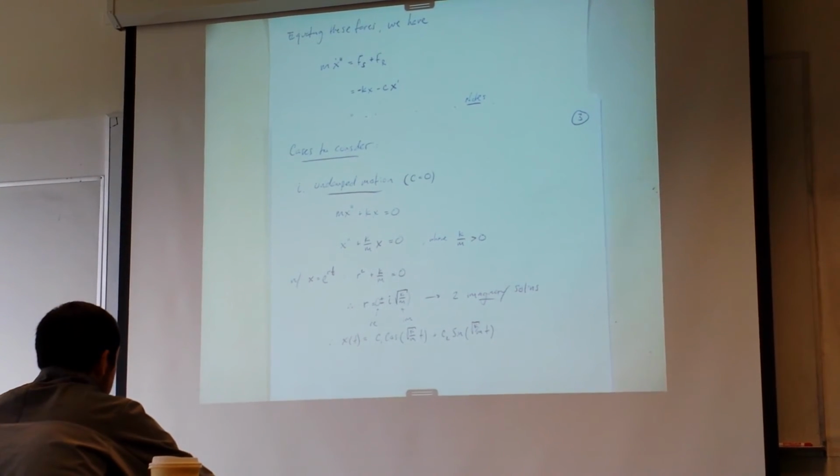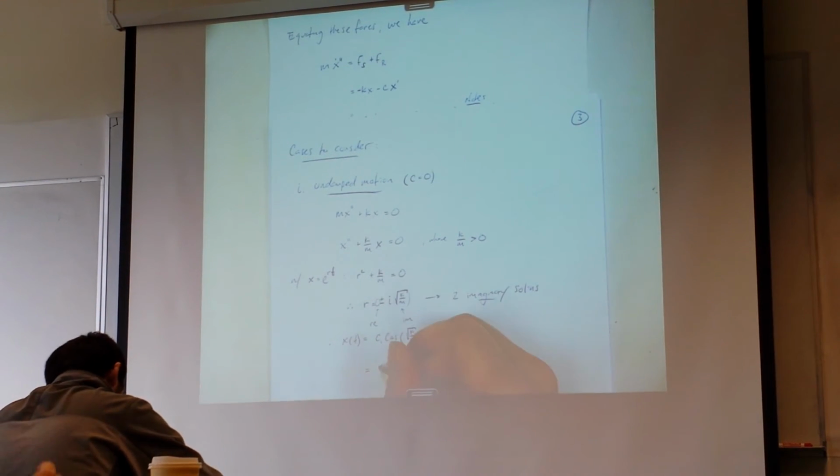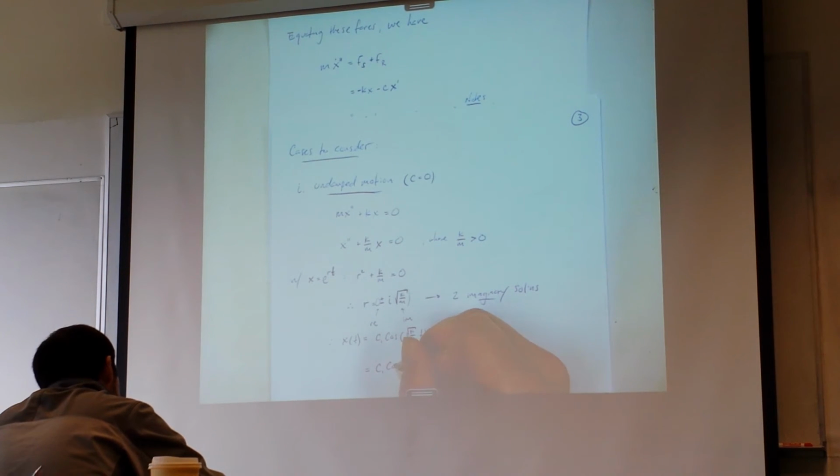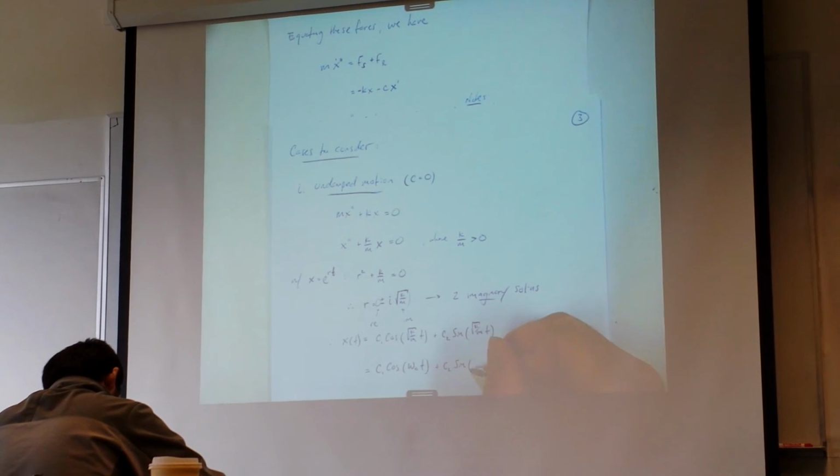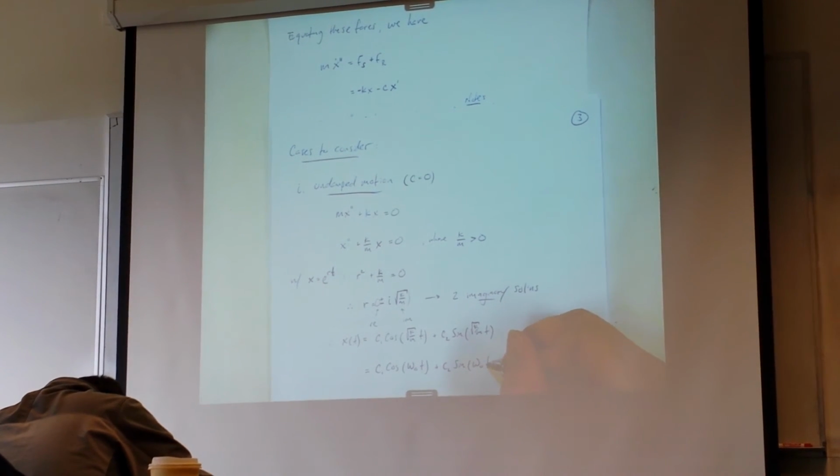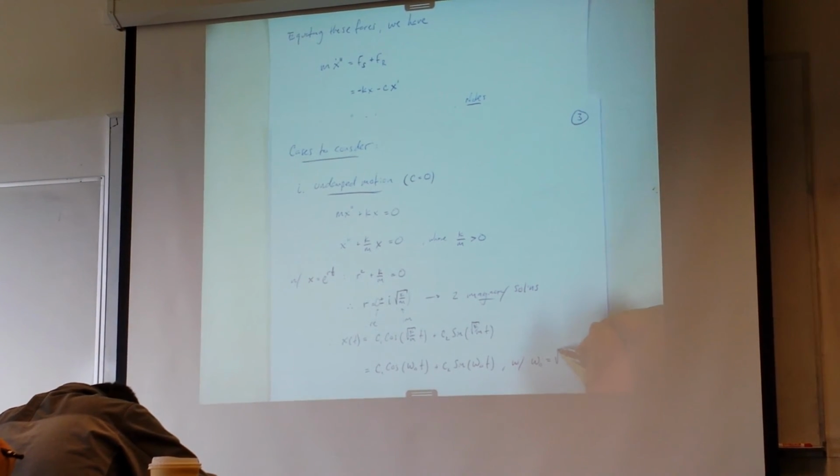All right. One thing further, the book does call this omega naught. Omega naught is square root k over m.